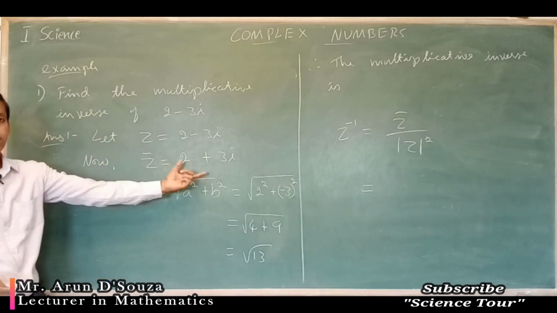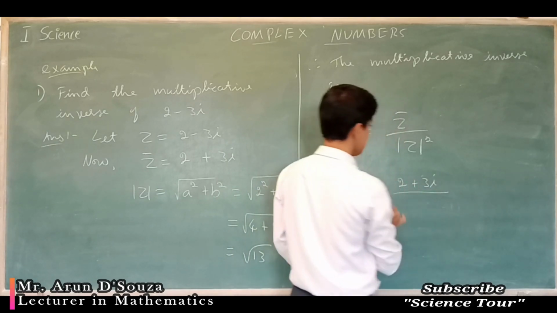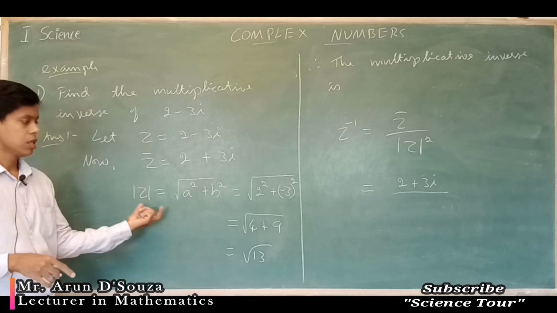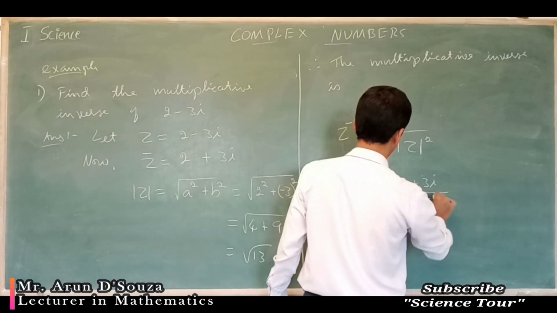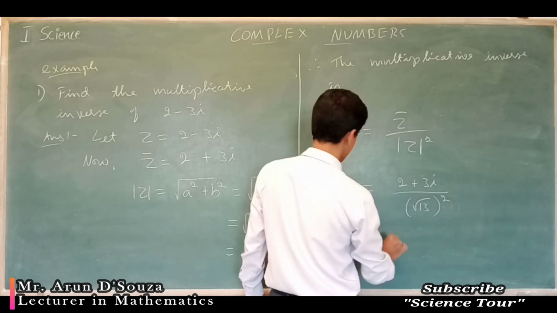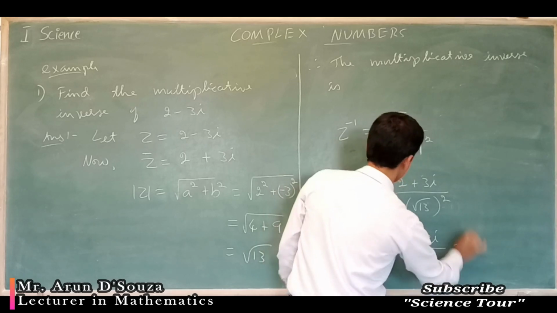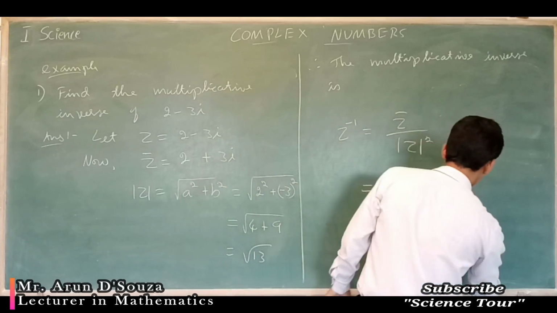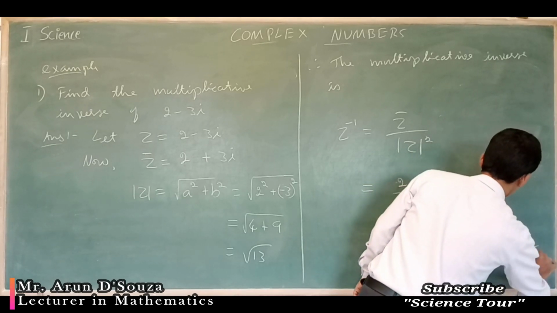So conjugate 2 plus 3i divided by, so this is mod z, now root 13 square. So finally it is 2 plus 3i divided by 13, hence you can just split the numerators and write. So this will be 2 by 13 plus i into 3 by 13.